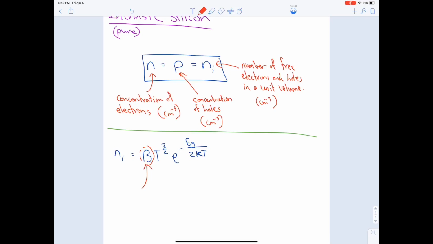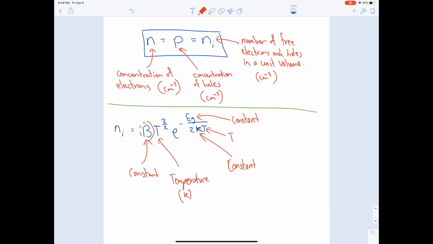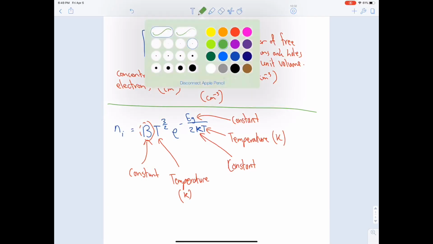Now, what's B? B is a constant. What's T? T is the temperature in Kelvin. Okay. Eg is a constant. Same for K, constant. And T is temperature again in Kelvin. Okay.